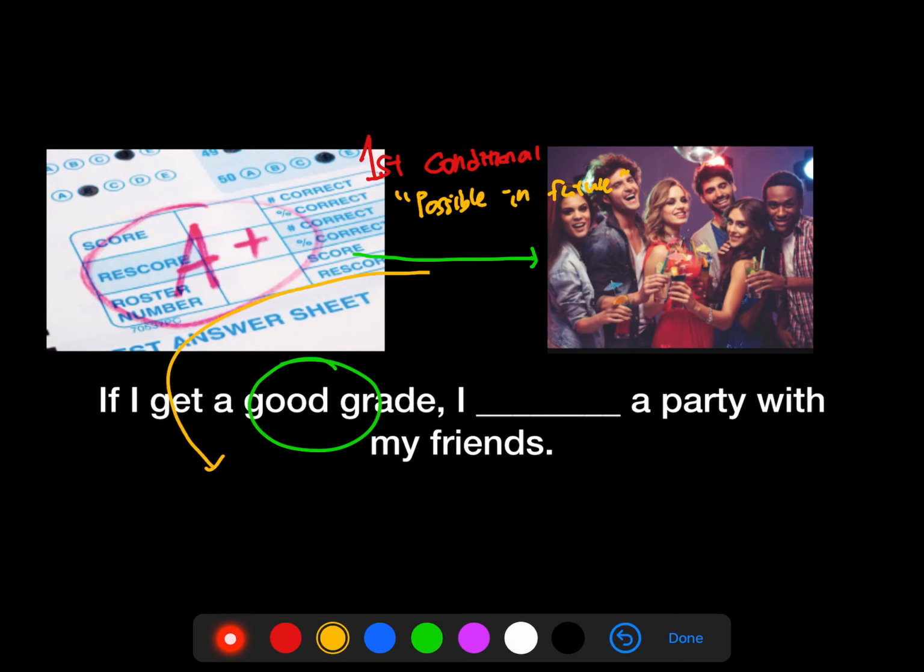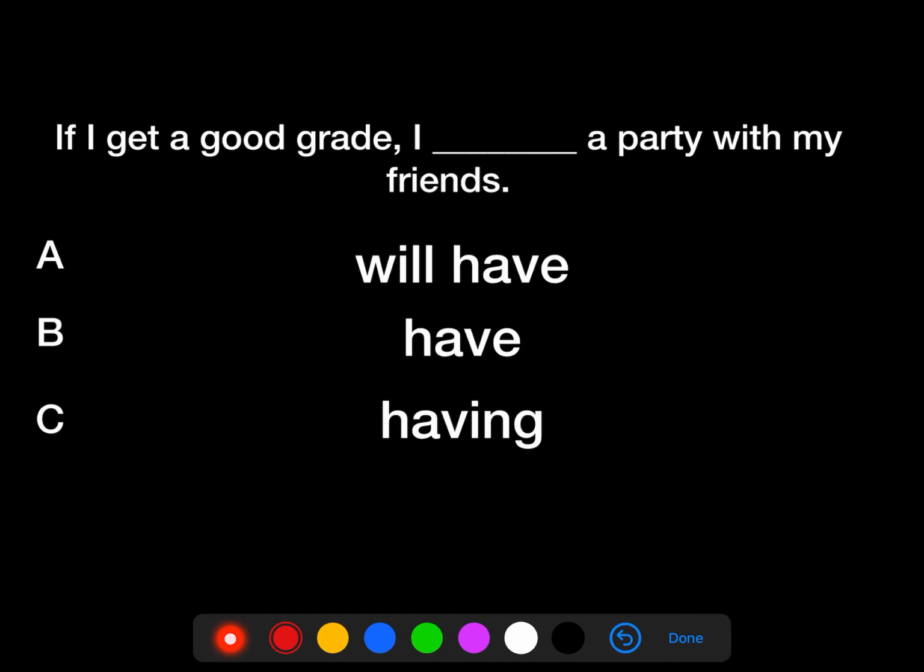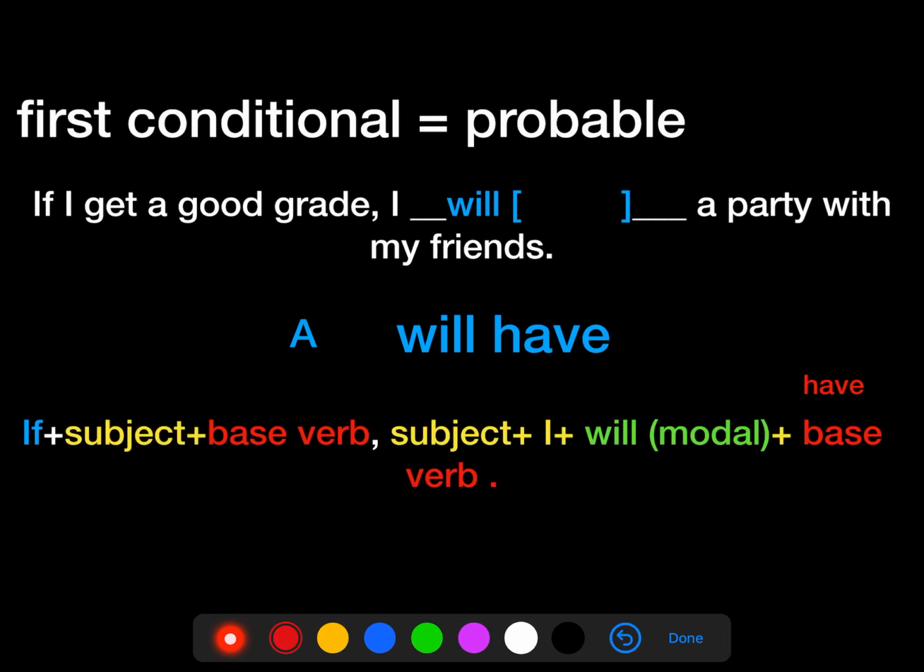Do you remember? If, subject, base verb, subject, and then will as a modal verb, and then the base verb. So now we have the answer. A, will have, B, have, C, haven't. The answer is will have.